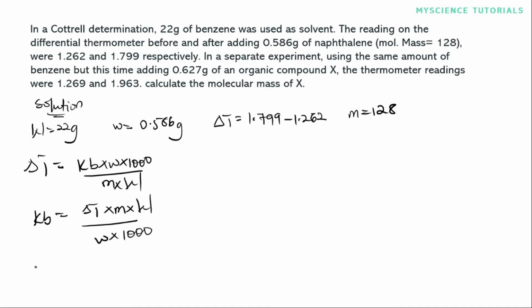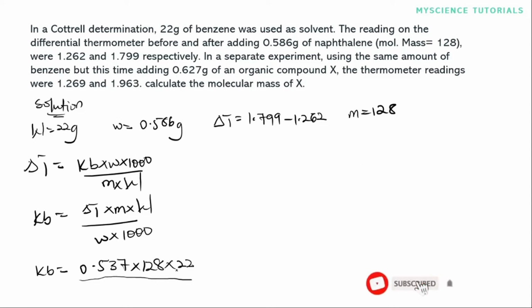multiplied by 1000. Now we know Kb is equal to the change in temperature, which gives us a value of 0.537, multiplied by m, which is 128, so we have 128 here. The capital W is 22, so we have 22 here.